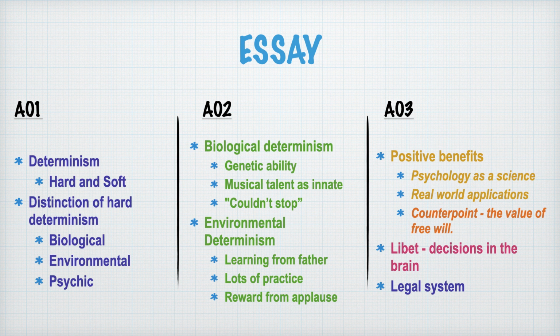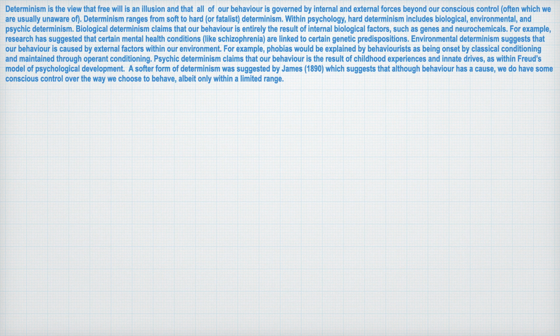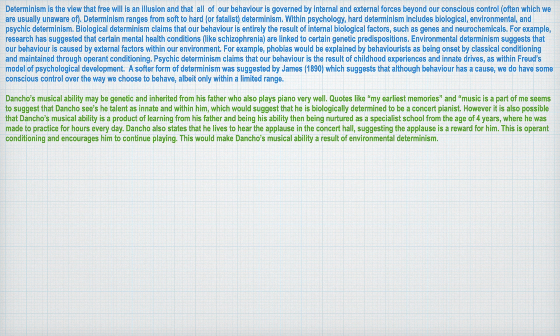Okay, and then let's have a look at this final essay. So there's my outline. As you can see, it focuses only on determinism, so all mention of free will has been got rid of. My application focuses on environmental and biological determinism. I could have mentioned psychic determinism if I wanted to, but realistically the other 2 were easier to talk about in this particular instance.